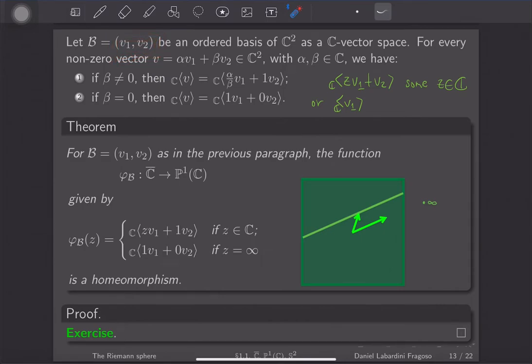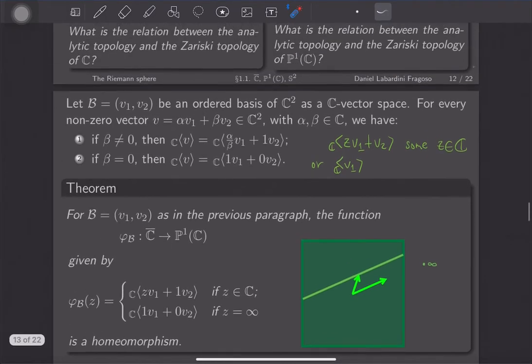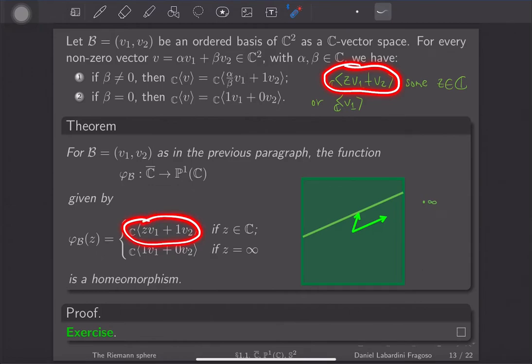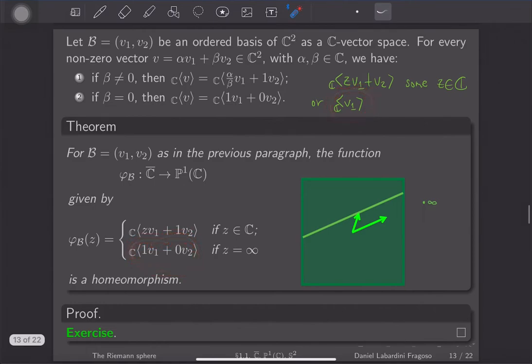So what I just said really is that this function that goes from C bar to P1C, that for each complex number considers this corresponding subspace, and for infinity considers the other one, that function is surjective. That's what I just said.